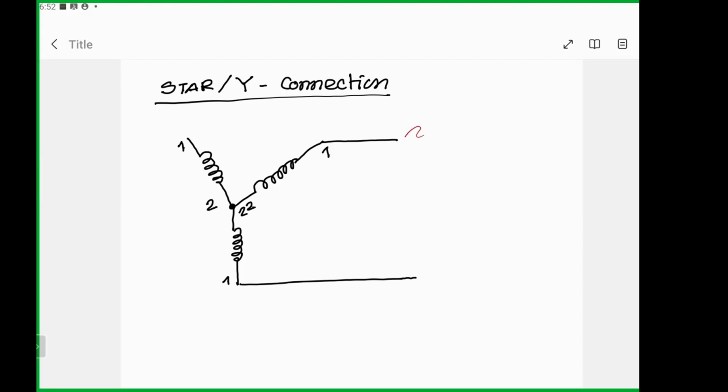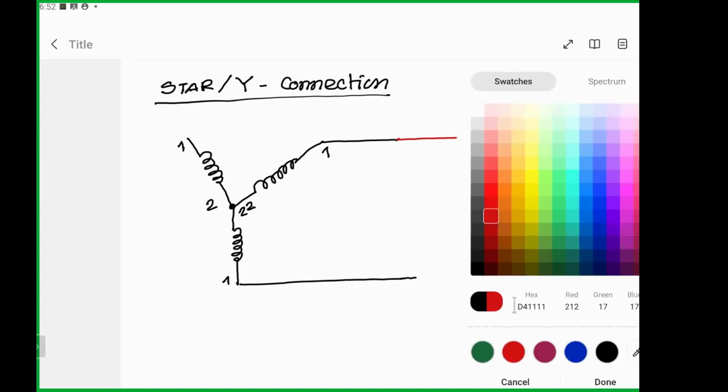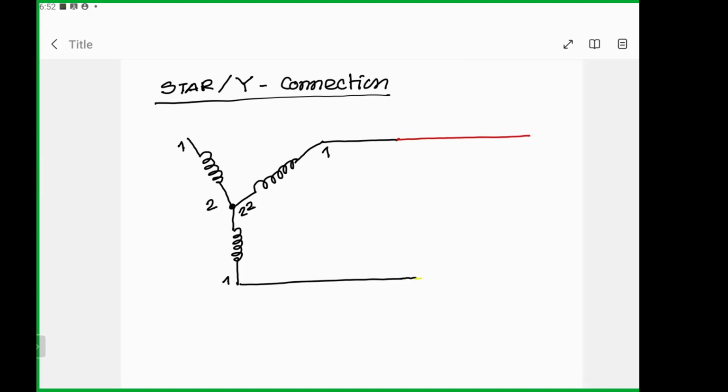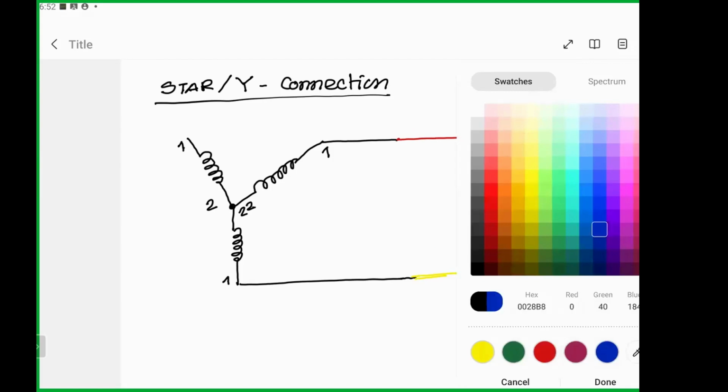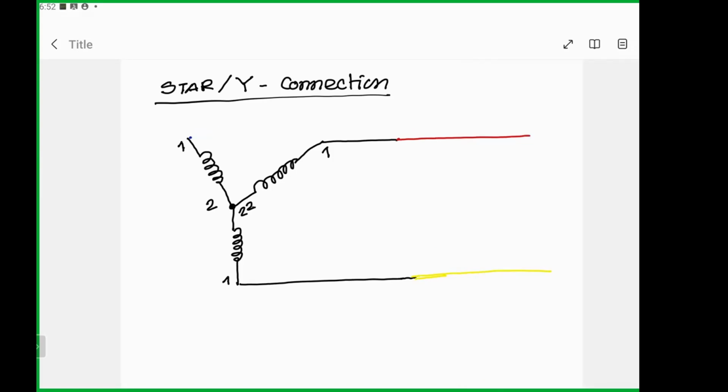We can have a red transmission line, a yellow transmission line, and a blue transmission line. Okay, so this is R, Y, B.